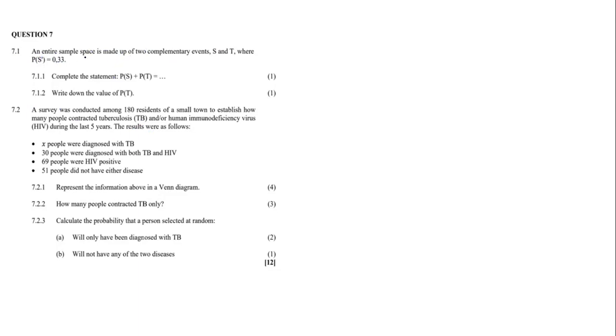So here we are told we have the entire sample space. It is made up of two complementary events. This word is very important, complementary events. When they say events are complementary, what does that mean? That means when you add the probabilities of those events together, they are supposed to give you one.